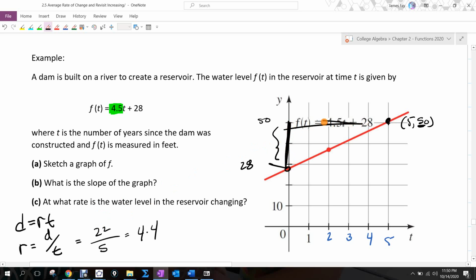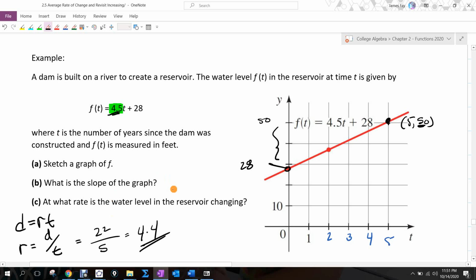That distance divided by that time gave me, I'm going to say 4.5, because I underestimated that point there. But we also know that to be the case when I look at the structure of a linear function, which we've known since 7th, 8th grade.